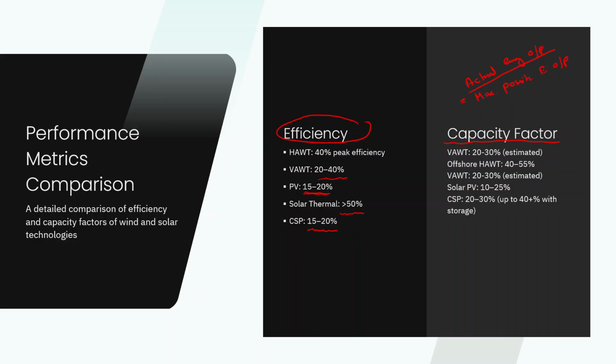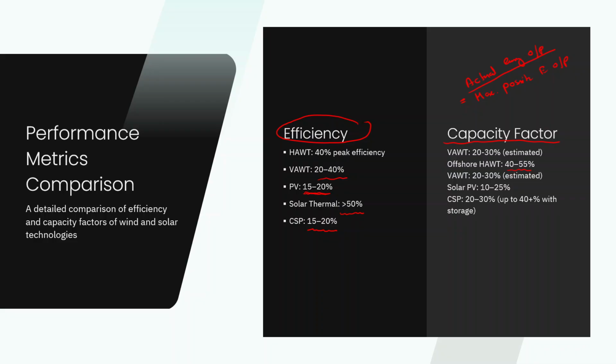You can see the vertical axis wind turbines have a capacity factor around 20 to 30%, whereas the offshore horizontal axis wind turbines have a capacity factor of 40 to 55%. The capacity factors of wind turbines depend on the availability of the wind, the wind speed and so on.